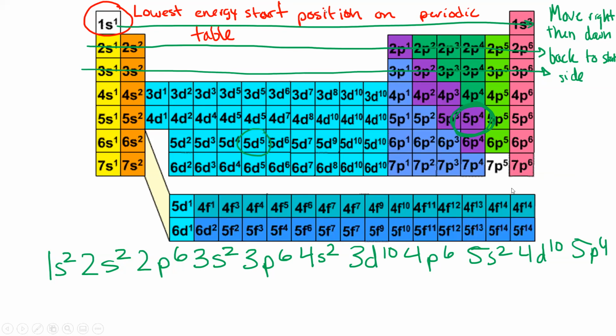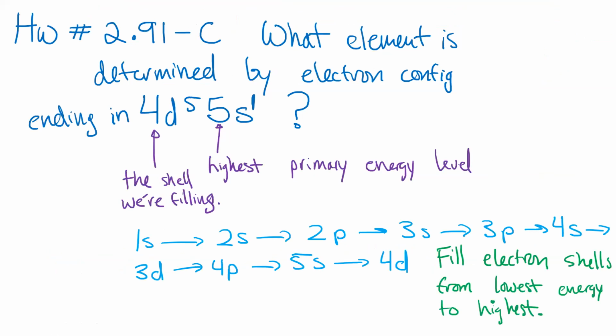Okay, so if that is a place where you guys are starting to reach, then there's a couple of caveats to our situation here. We're asking about 5. If the last 2 energy levels that we filled are 4d5, 5s1?